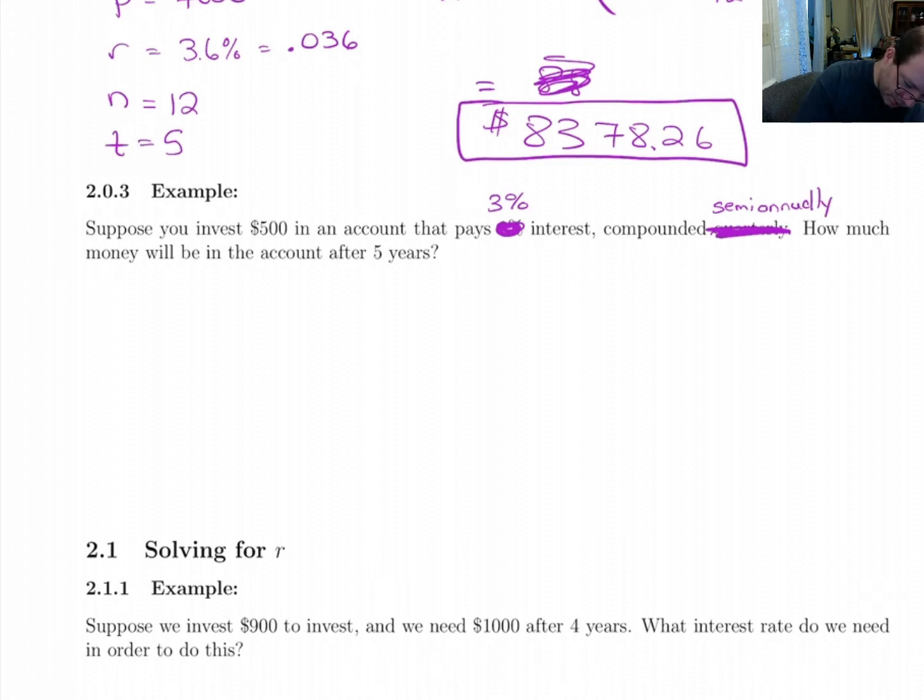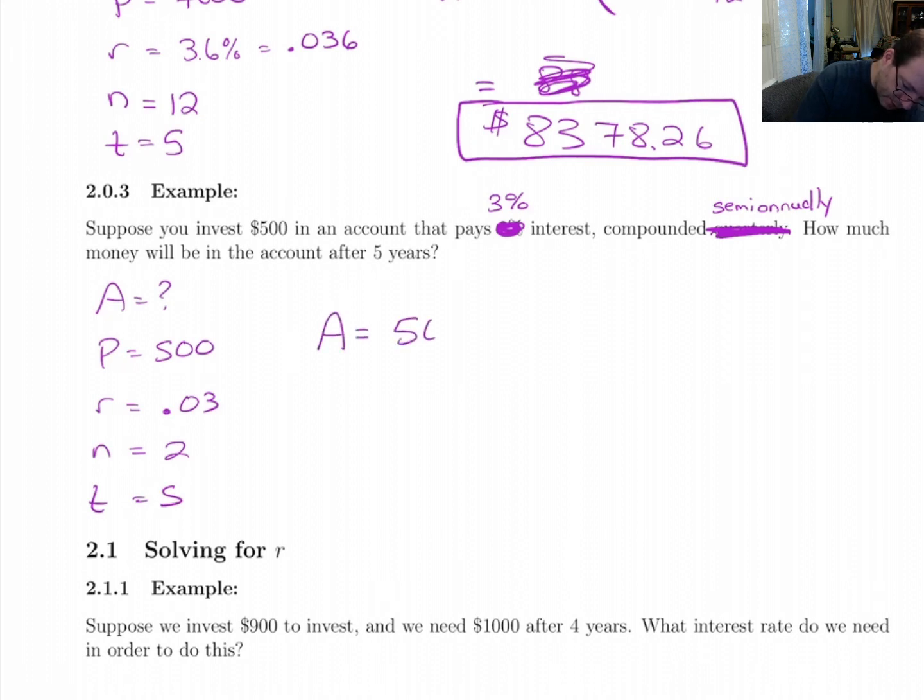All right, so for this one, A, P, R, N, T. A is what we're looking for. P is 500. Our rate is 3%, which is 0.03. Semi-annually is twice a year, and T is 5. So I'm going to do A equals 500 times 1 plus 0.03 over 2, raised to the 5 times 2.